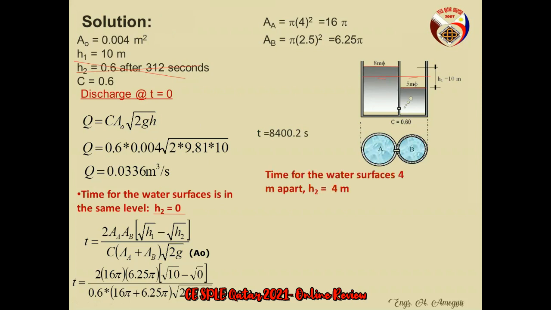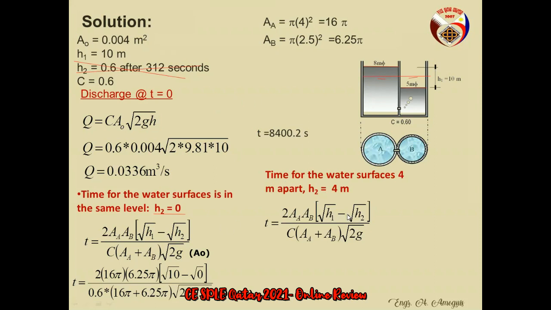Now the time for the water surfaces to be 4 meters apart. That means H1 is 10 and H2 is now 4 meters, if it says 4 meters apart. So for this problem, it's just an understanding of what H1 and H2 are. This one is almost a bonus, because it is just direct substitution.